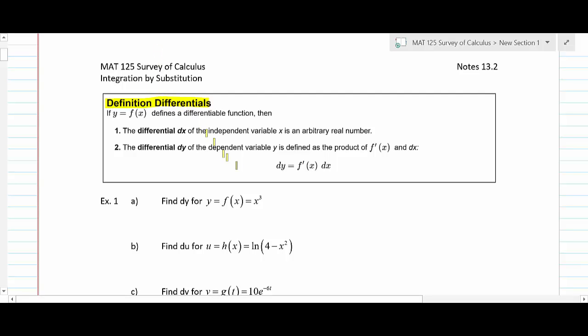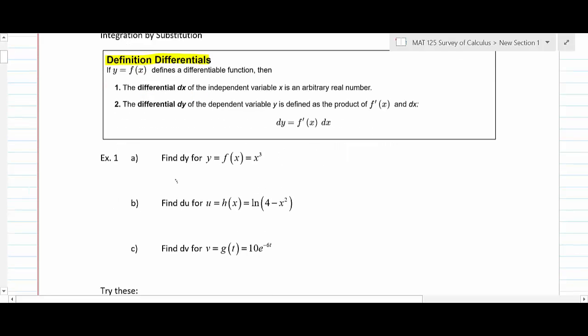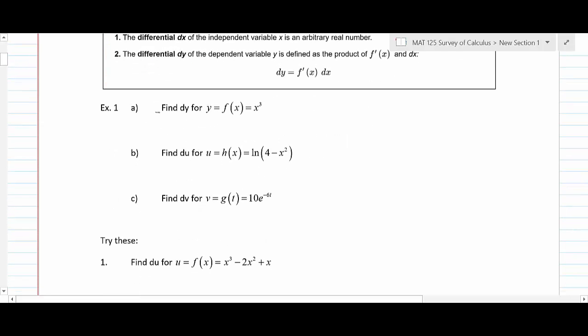And what we're looking at on a differential, and this will be preparing you for what we're going to do in the integrals in a minute, is if you're given a function and you're finding dy, what you're really doing is finding the derivative of y, and the variable is x. What I'm mostly showing you is how to keep your variables consistent.